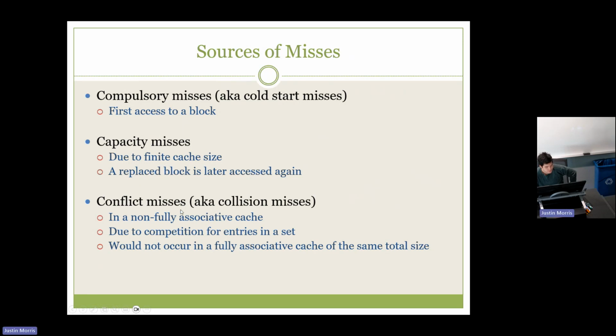A conflict miss occurs if in a fully associative cache, I would have had a hit. And these only occur in non-fully associative caches. Because if you have a fully associative cache, if it's not a compulsory miss, it's a capacity miss. And it's due to competition for entries in that set.